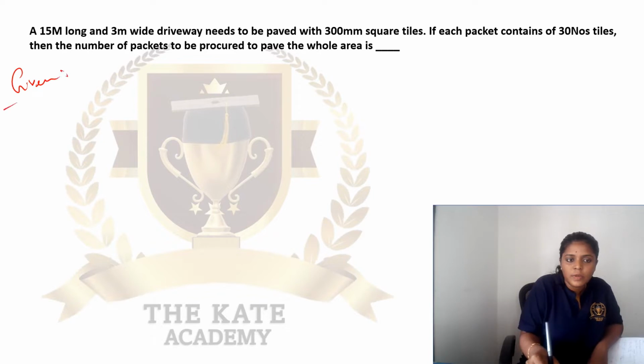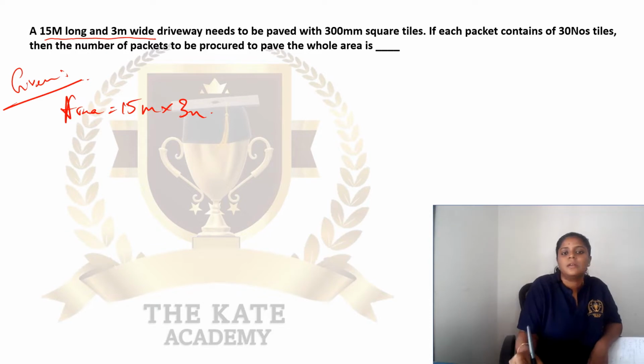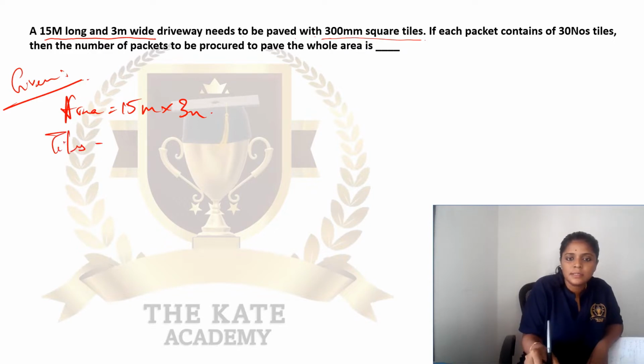So in your next question, there is a 15-meter long and 3-meter wide driveway. Area is 15 meter into 3 meter. Needs to be paved with 300 mm square tiles. Tile is 300 mm.